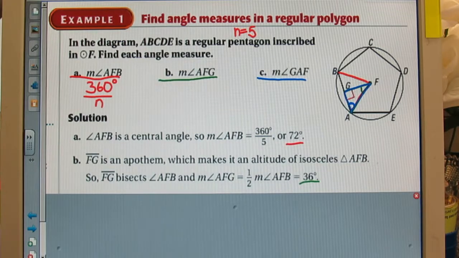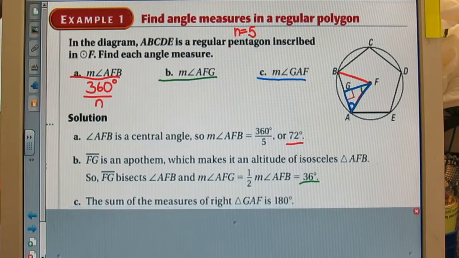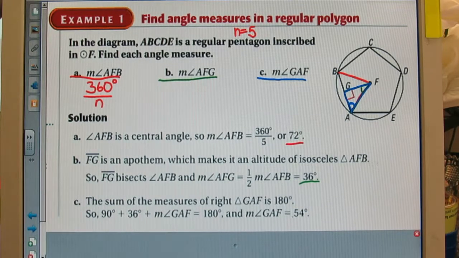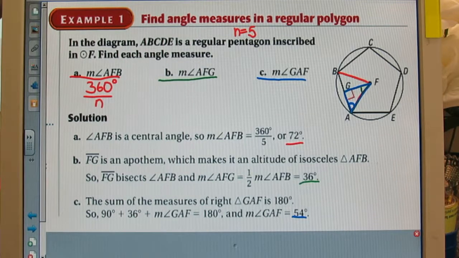So the measure of angle AFG, which I found in part B, plus the 90-degree angle, plus the measure of GAF are going to be equal to 180 degrees. I solve for my unknown, and I find that the measure of angle GAF is equal to 54 degrees.